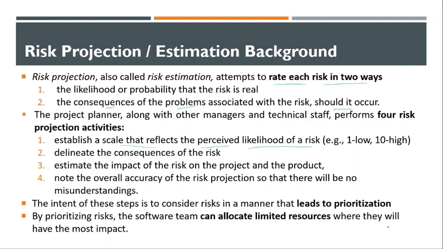Whatever risks are identified, we have to prioritize them. By prioritizing the risks, the software team can allocate the limited resources where they will have the most impact. This is why we need to do the prioritization.